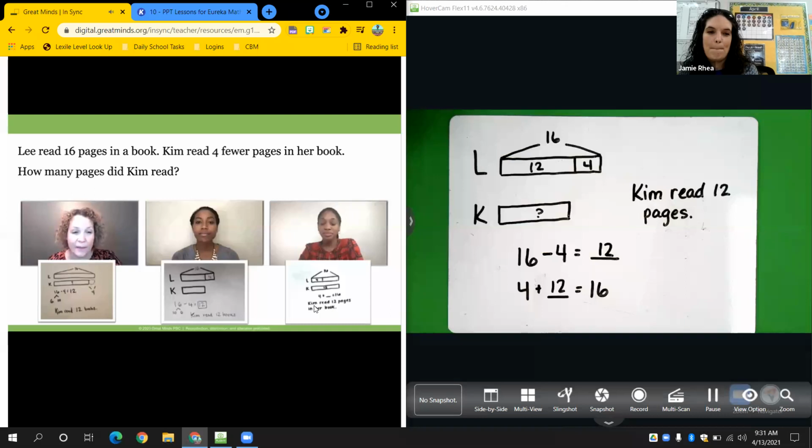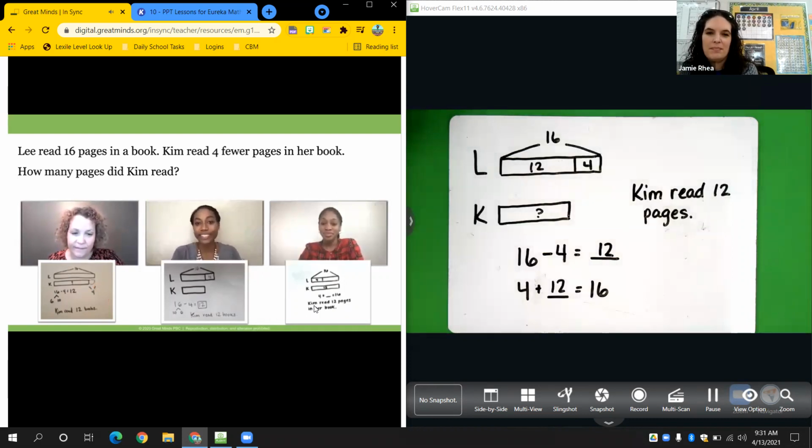So I drew a tape that was not quite as long as 16 and labeled that with a K. And then I imagined this space right here being equal to 4. So then I asked myself, well, 16 minus 4 would be how many pages Kim read. I had that same number sentence too. I also did 16 minus 4.